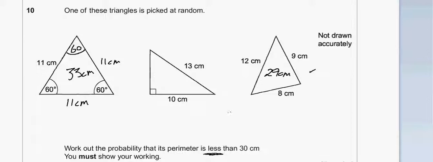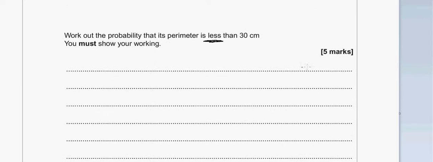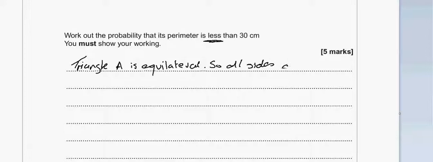Now you would actually write this down here, so I would say this is triangle A, triangle B, triangle C, okay, and in here I would say triangle A is equilateral, so all sides are equal.